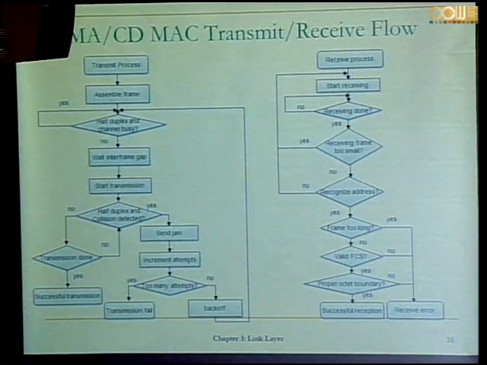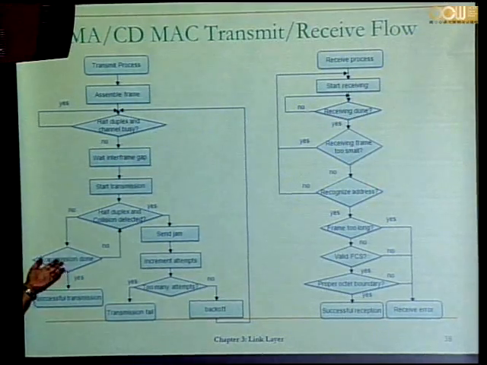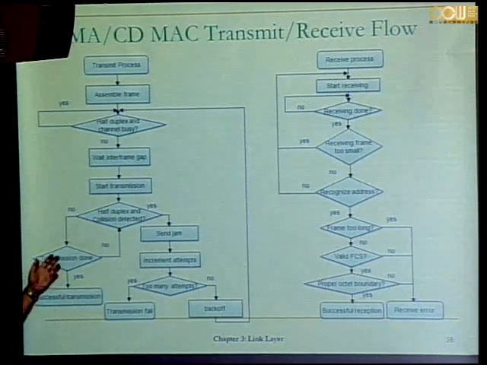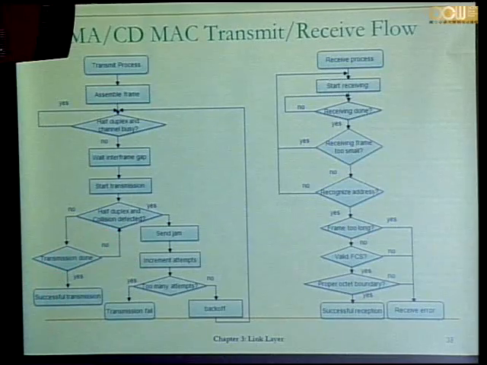Is there an ACK when I finish the transmission? Do I expect an ACK from the receiver? No, I don't. On Ethernet, you don't expect an ACK from the receiver. You finish, it's successful. If you don't finish, then it's not successful, it's a failure.